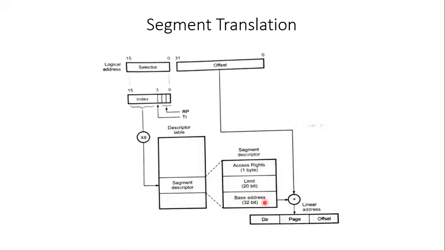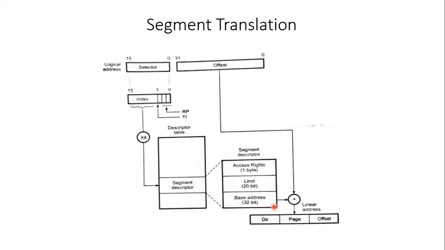And what is done with it? The microprocessor will add this base address from the descriptor to the effective address or offset.